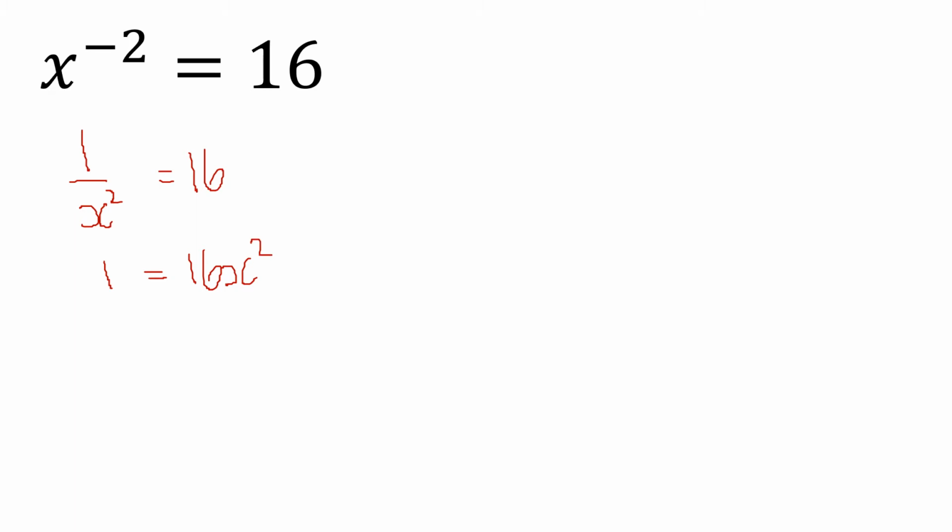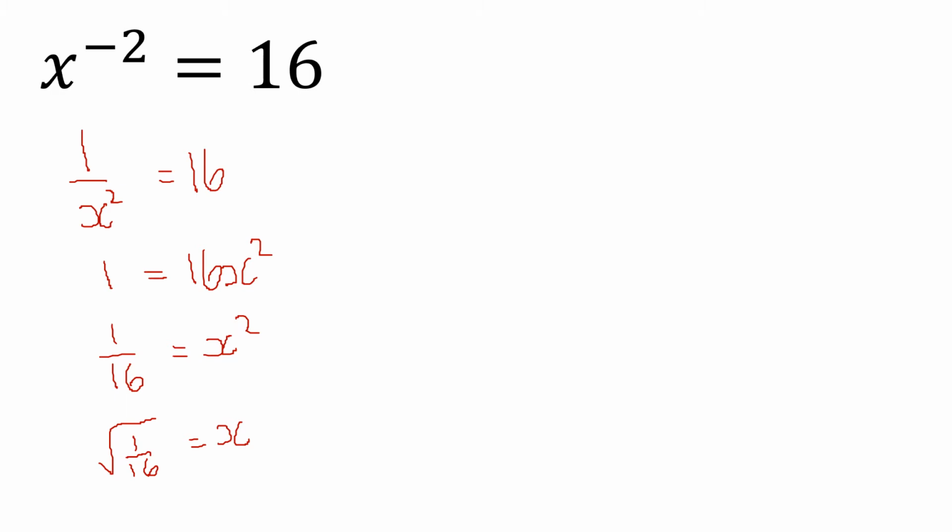We need to get x by itself, so if we divide both sides by 16, we'll have 1/16 is equal to x squared. And then x is currently being squared, so we need to do the square root. If we square root both sides, we'll have the square root of 1 over 16 is equal to x.